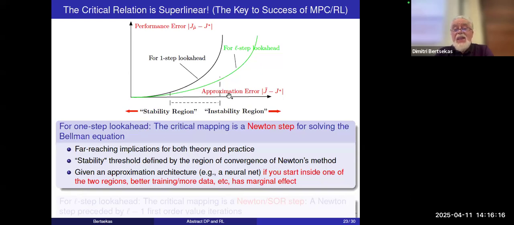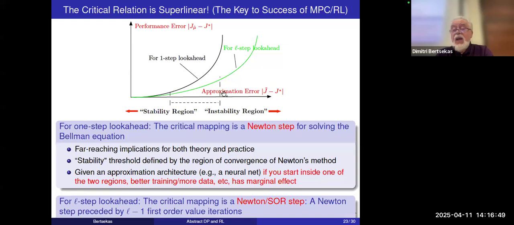On the other hand, if your approximation architecture is not very powerful, and you start out somewhere over here, and then you try to improve it by collecting more data, training better, and so on, it's not going to help you because you're going to be outside the region of convergence of Newton's method, and things are going to turn out not well. So this figure redefines the name of the game, what you should be doing in order to have success.